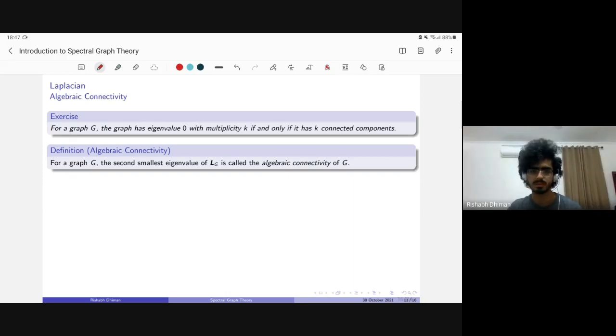Okay, so again, this is what I wrote on the previous page: the Laplacian has eigenvalue 0 with multiplicity k if and only if the graph has k connected components. And now what I was calling the second smallest eigenvalue has a specific name, algebraic connectivity.